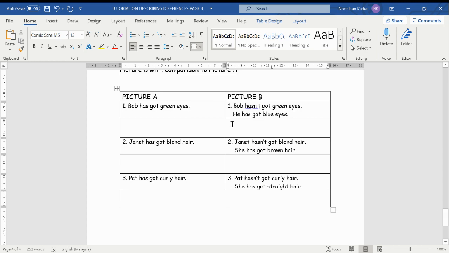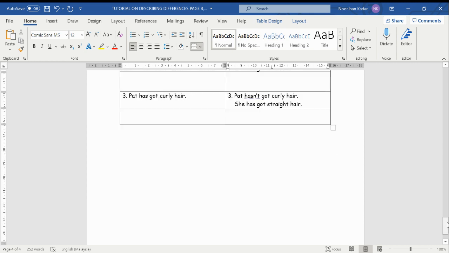So I will leave this one blank. I thought of having he has got blue eyes here, but since it's a bit difficult and will take a long time, never mind. Maybe I can sort it out later.